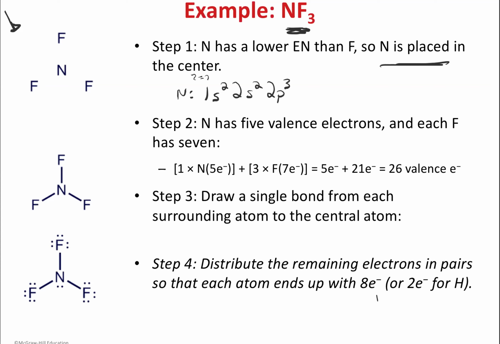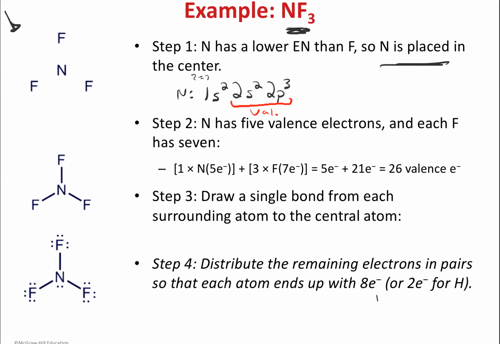The question then becomes, which of these are valence electrons? Remember, the valence electrons are only the ones in our outer principal quantum number. Here, that's n equals 2. So my valence electrons in nitrogen include the 2s2 and also the 2p3.